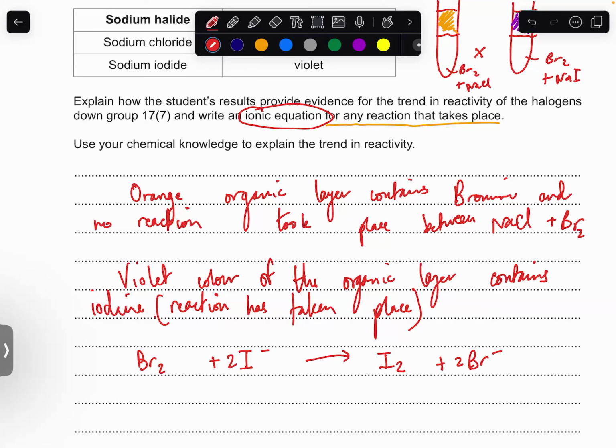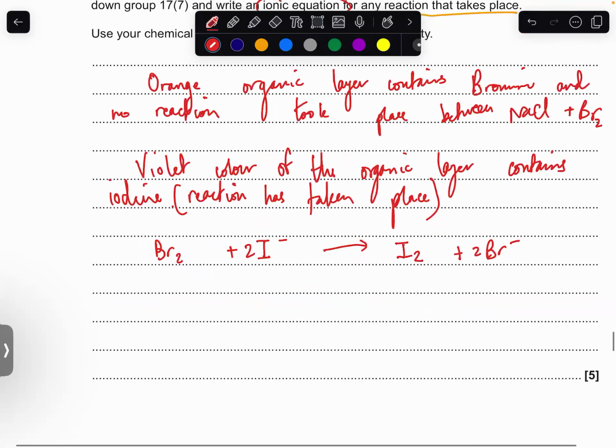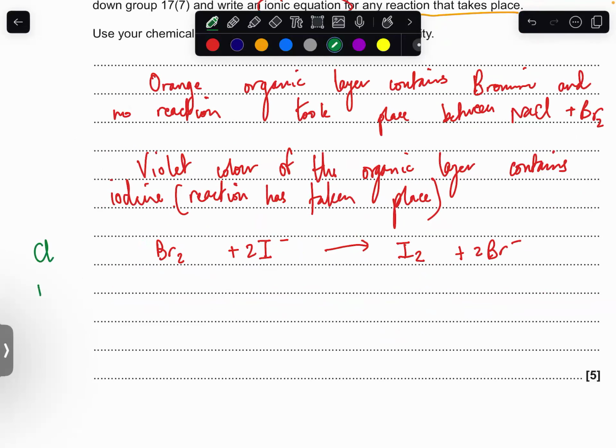That's your ionic equation. What does this tell us? You see, out of the halogens in group 7, bromine cannot displace chloride. This reaction doesn't happen. But bromine can displace iodide. This tells us that the reactivity decreases down the group.